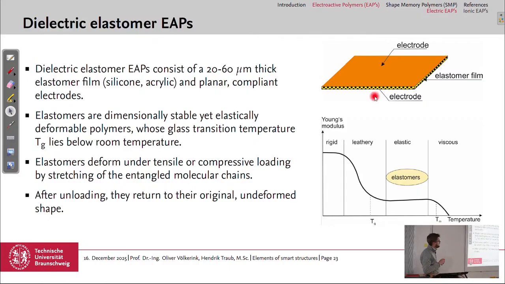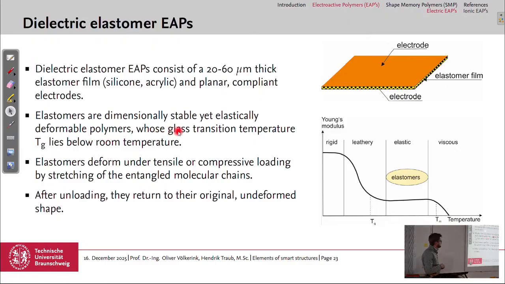So here is the elastomer film between two electrodes, and the electrodes are also not stiff. They can deform with the elastomer material. The elastomers are dimensionally stable, but we can deform them.